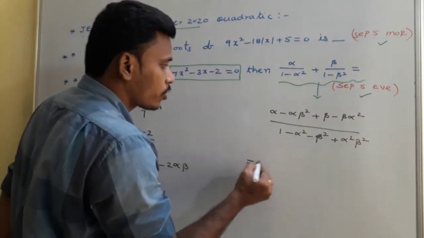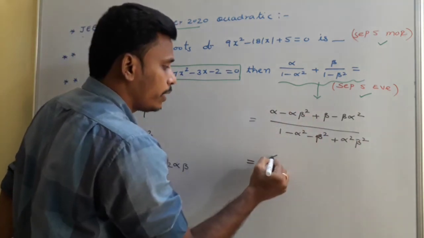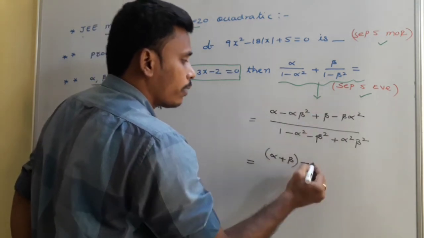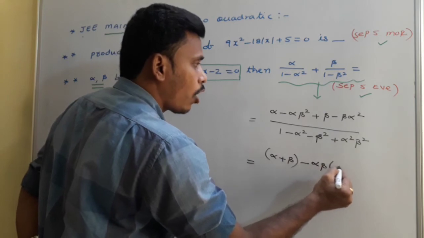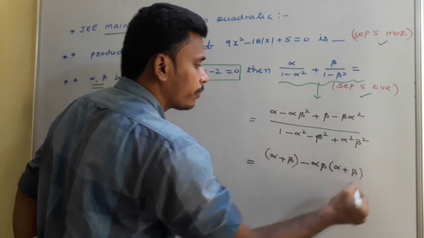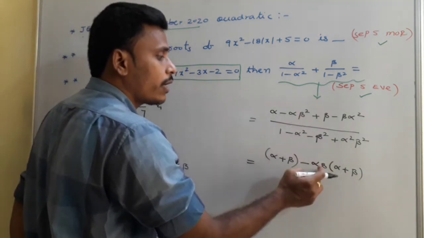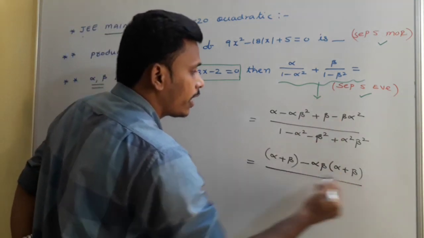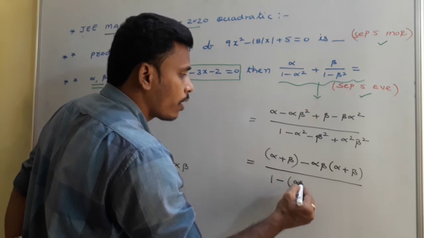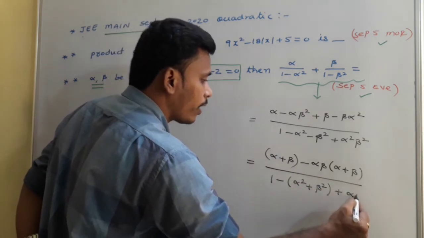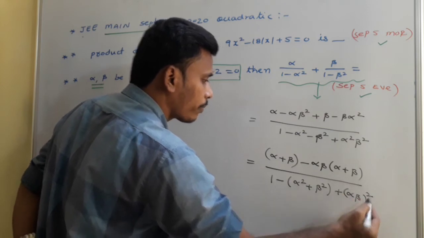So this is equal to alpha plus beta minus, from these two terms, alpha beta of alpha plus beta. So alpha beta into alpha plus beta is simply alpha square beta plus alpha beta square. And in the denominator, 1 minus of alpha square plus beta square, plus alpha beta whole square.